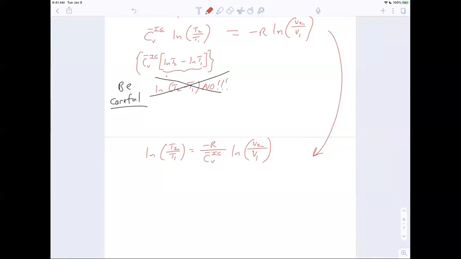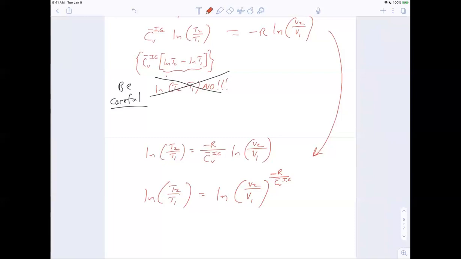So what we can do now is write this expression as natural log V2 over V1, and here we write minus R divided by CV bar, ideal gas. We can do this manipulation with logs. Since I was multiplying the log of V2 over V1 by this constant, I can take the log of that ratio raised to this constant.